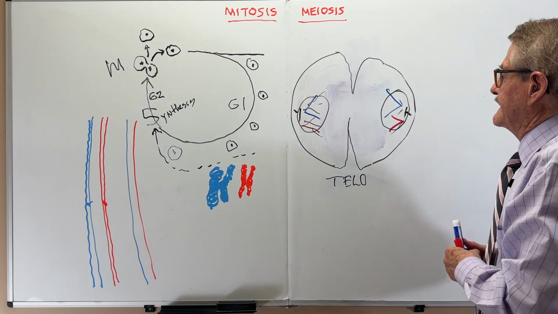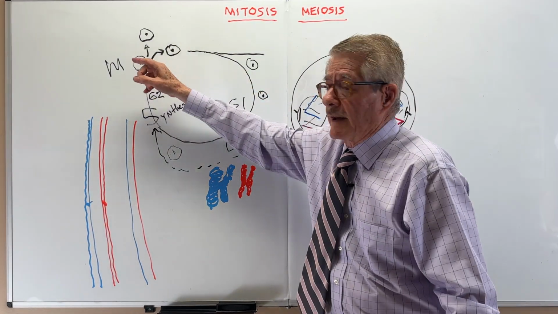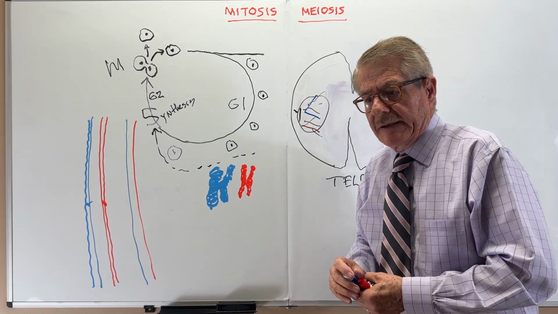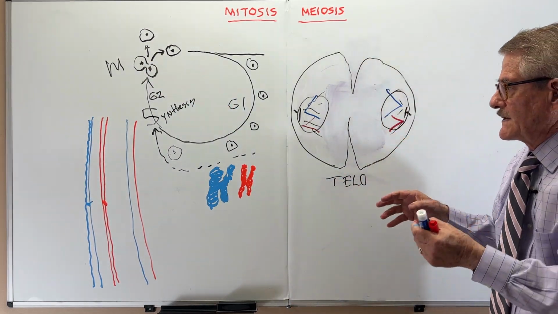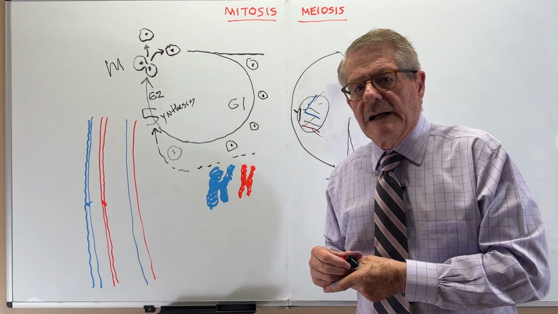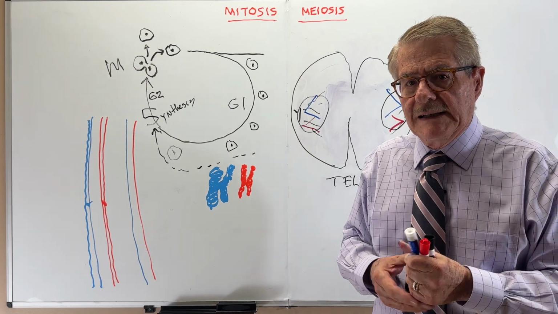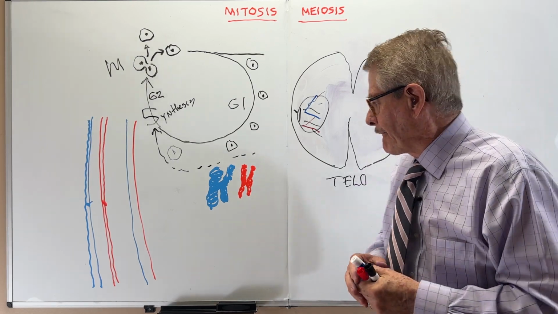In telophase, we have two daughter cells. Now, the cells are going to look a little bit smaller than the original, but as soon as they begin to work, they can modify the amount of organelles, and they're going to look exactly like any other one. They're identical cells.